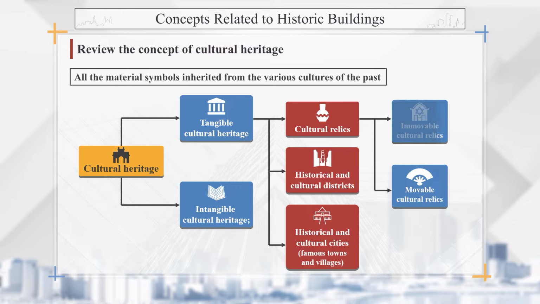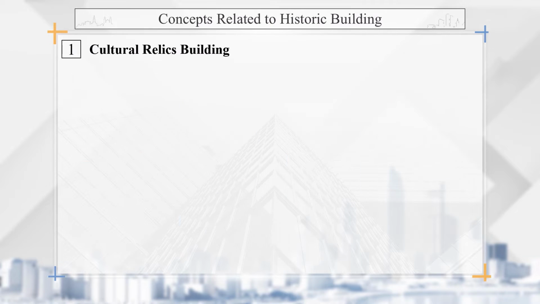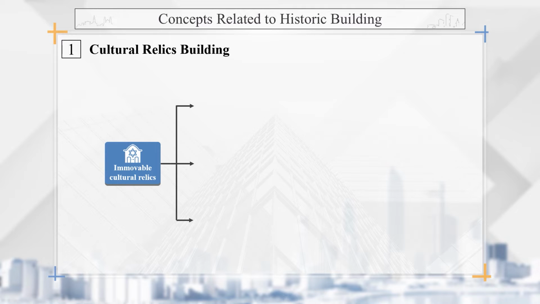Here is the first concept that we want to introduce. Cultural relics buildings are immovable cultural relics, which are approved by the state or local government departments and are listed in the protection list. China has three classes of cultural relics buildings.